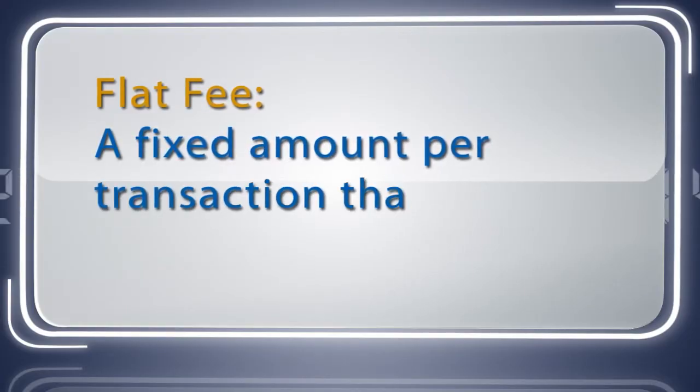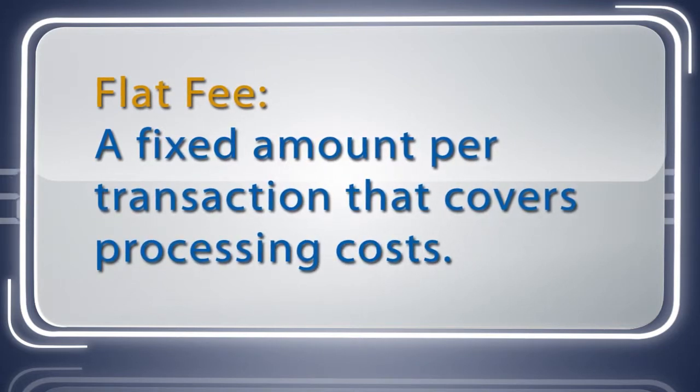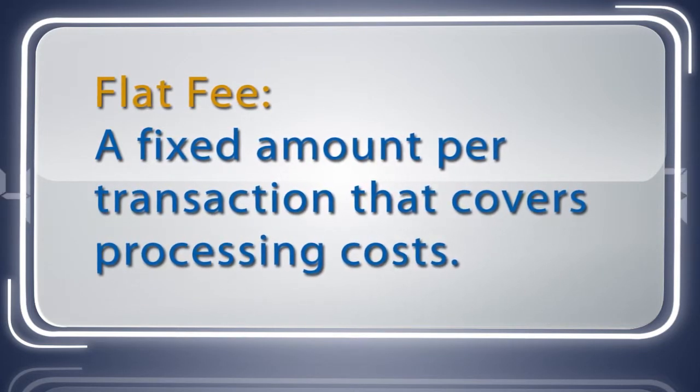First, a flat fee is a fixed amount that generally covers the processing costs the bank assumes for handling the transaction. As explained earlier, there are many ways to negotiate the best, most effective fees based on merchant type, size, and transaction volume. Next, there's the discount rate. Now, this fee has an interesting name as it gives the illusion that merchants receive a discount on the fees they pay.